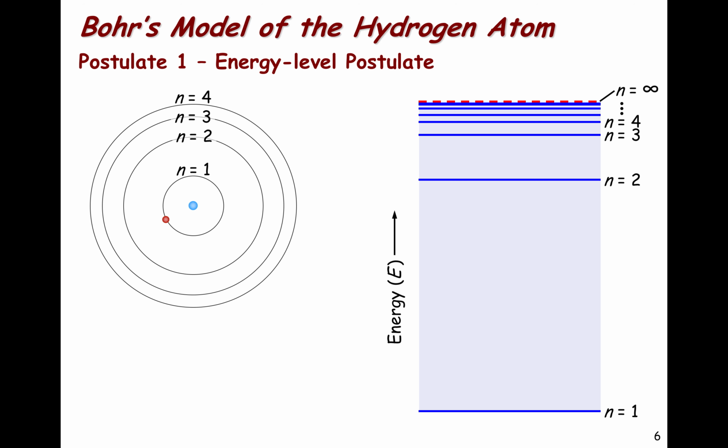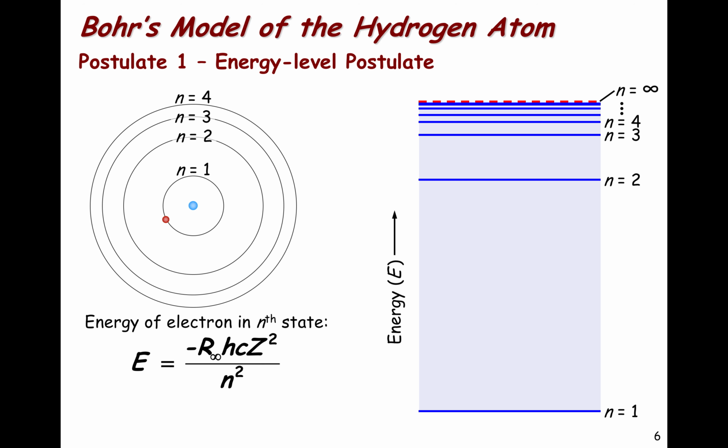The equation on the left here, underneath the diagram for the atom, is for the various energies, and so it turns out that Bohr assigned the energy of the n equals infinity state as zero, and then we had increasingly negative values as you go down.